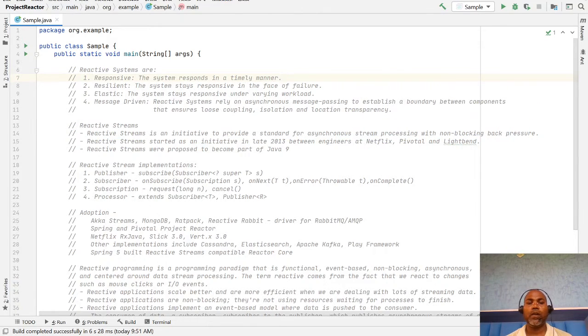This reactive streams specification started as an initiative in late 2013 between engineers from different companies like Netflix, Pivotal, known as Spring, Lightbend, and other organizations. In late 2013, they started making a specification for reactive streams for asynchronous data stream processing with non-blocking and back pressure.